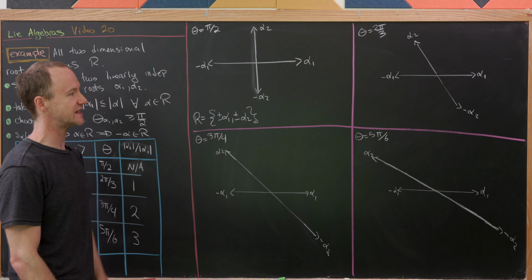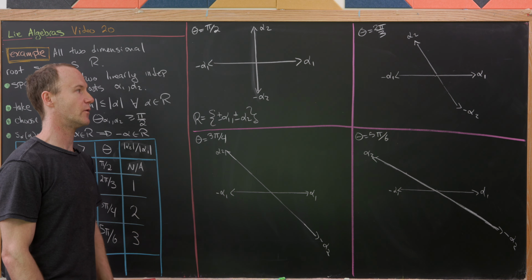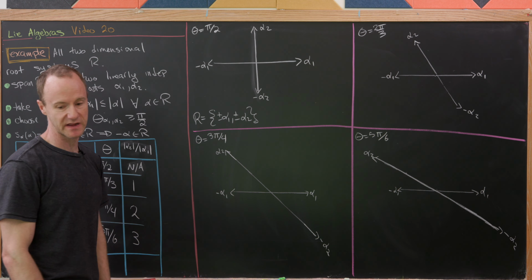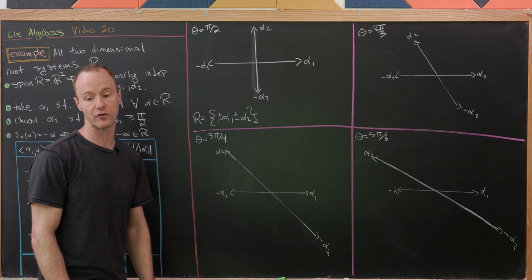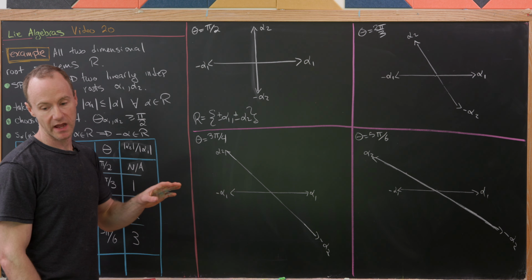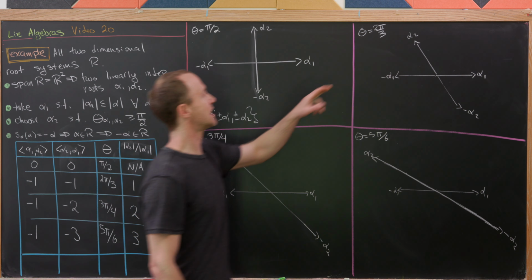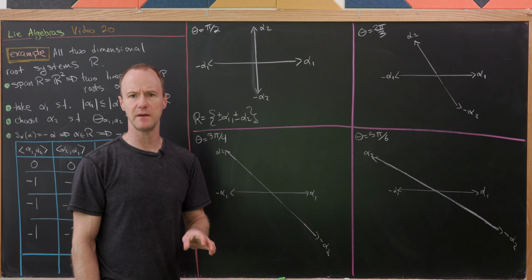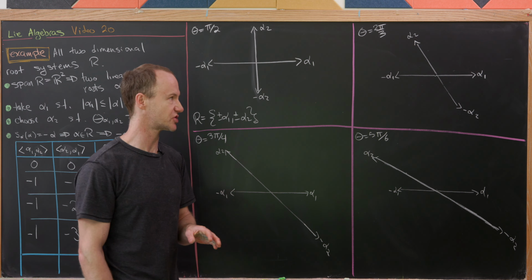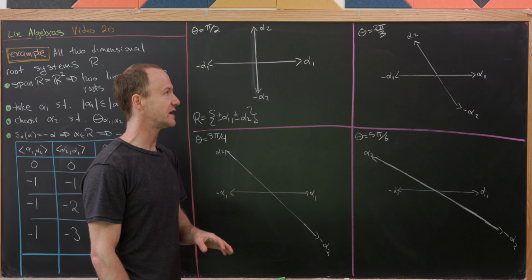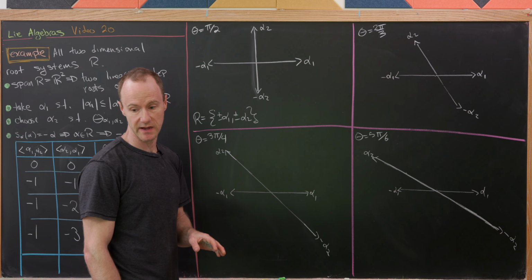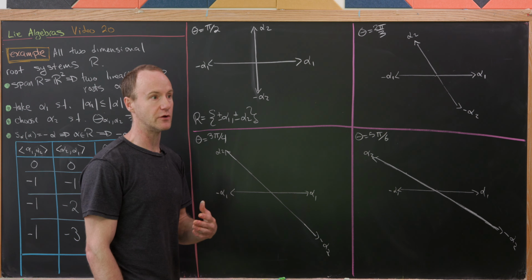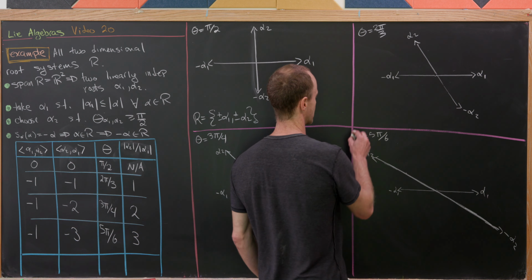Now in these other cases, I've started with my alpha 1 and my alpha 2 and the angle between them, and from that, we'll build the rest. Okay, let's notice that here the angle between them is 2 pi over 3. By that previous proposition, if the angle between them was 2 pi over 3, then we knew that their sum was also a root.